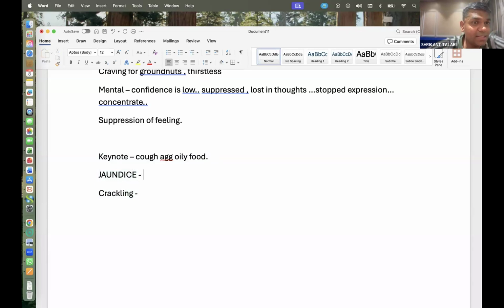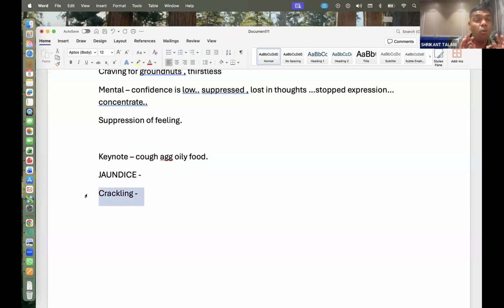The characteristic or general symptom that we get along with jaundice is that everything seems to be aggravated by oily food. So I need a remedy which has liver affinity and strong aggravation from oily food. Are you getting this?